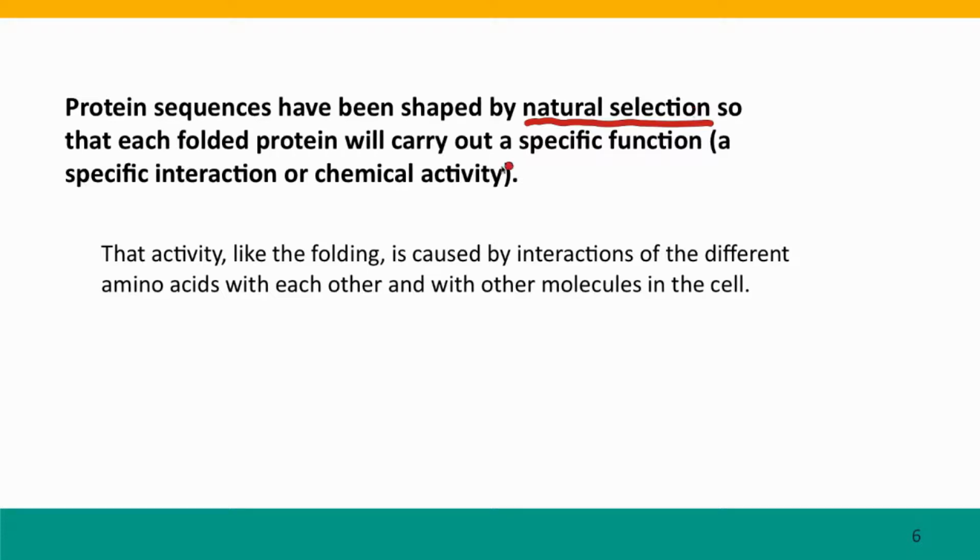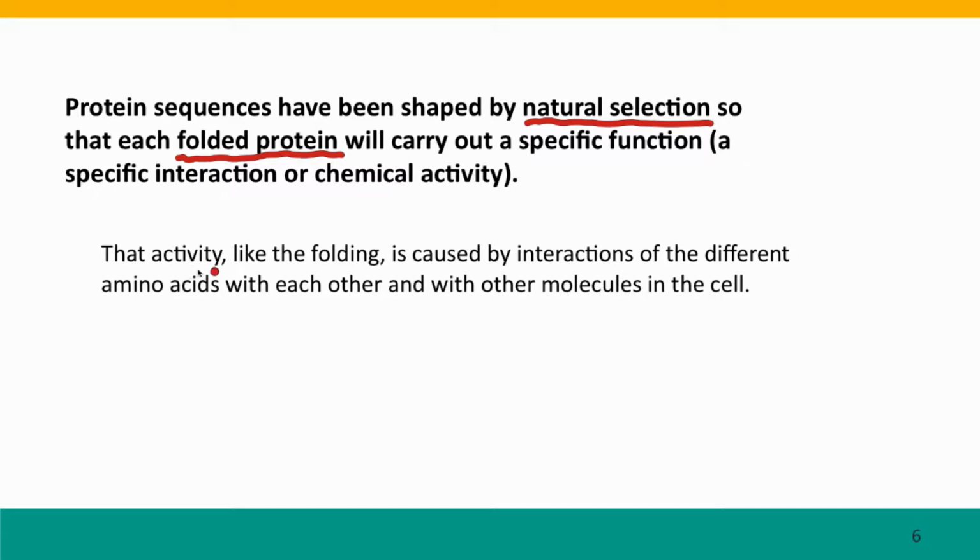So natural selection selects for protein sequences that cause the protein to fold up in a way, because proteins are long chains, but they fold up into compact structures. They fold up in a way that they have particular biochemical properties. Each kind of protein has a different structure and different kinds of biochemical properties because of its different sequence of amino acids.